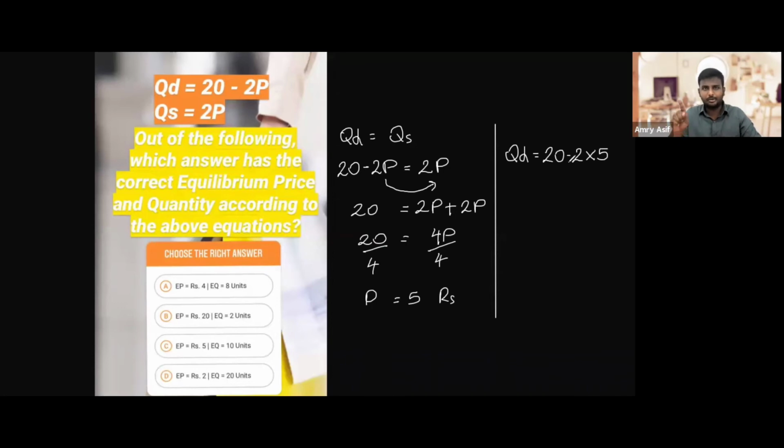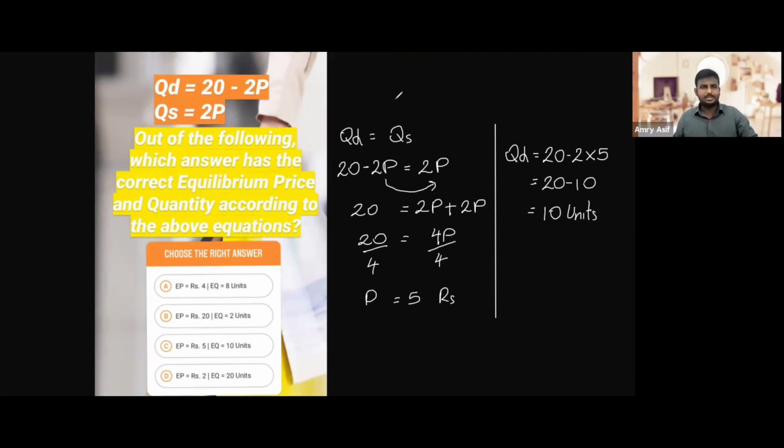So now what we are trying to do is find out the quantity demanded when the price is 5. That means we're trying to find the quantity demanded at the equilibrium price, because the quantity demanded we find at the equilibrium price has to be the equilibrium quantity. So 20 minus 10. So your equilibrium quantity is 10 units, right?